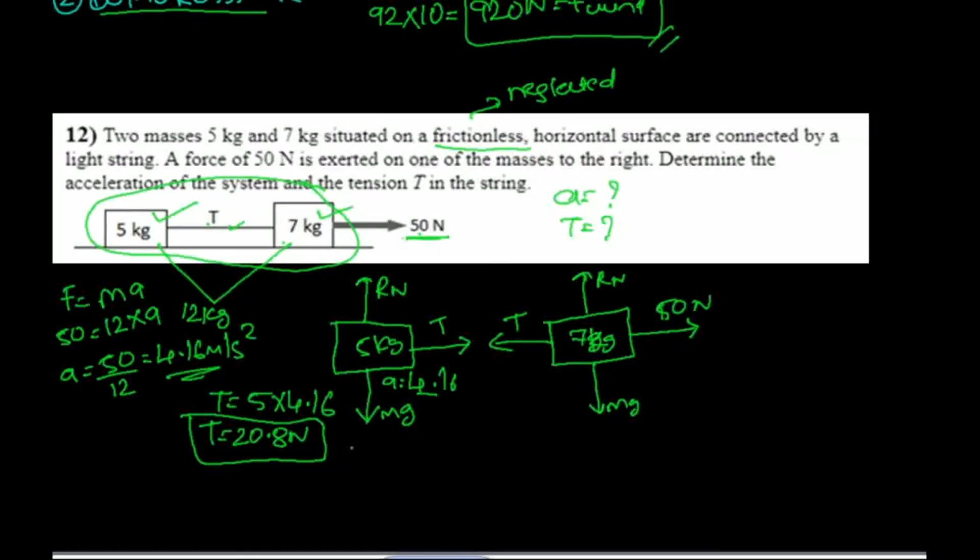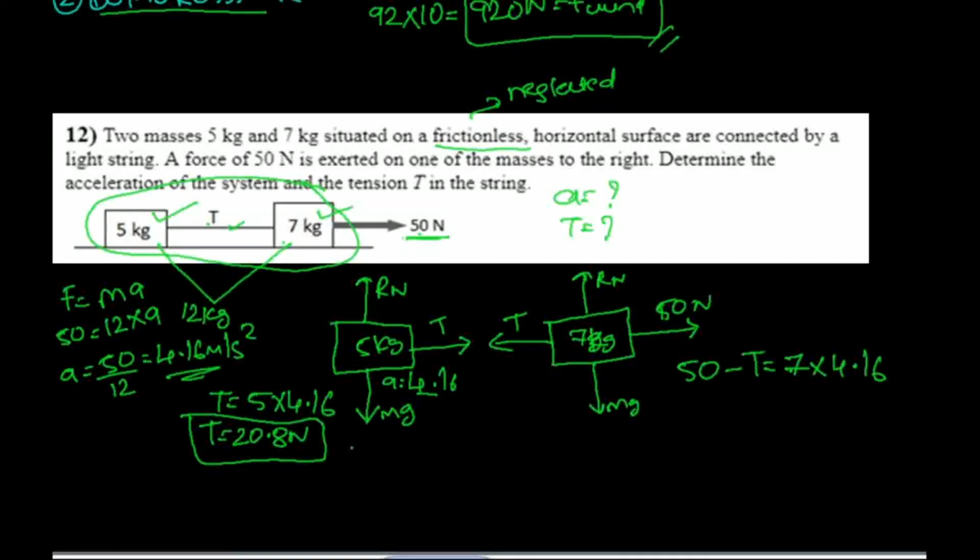We can verify by considering the second body. Second body: the 50 Newton force on the right minus T is equal to mass into acceleration. Mass is 7 kg into 4.16.